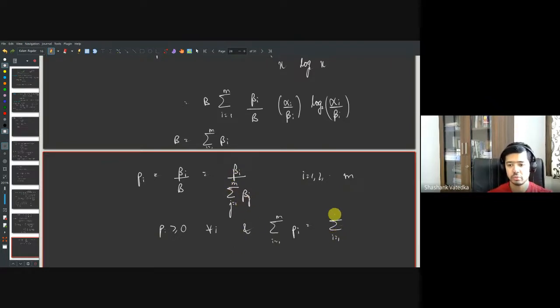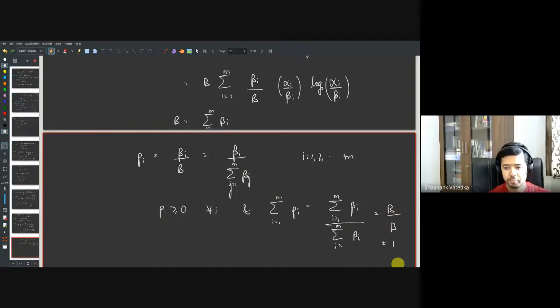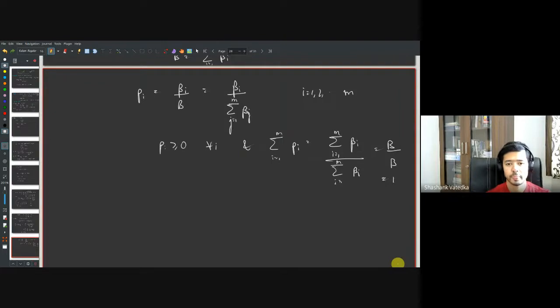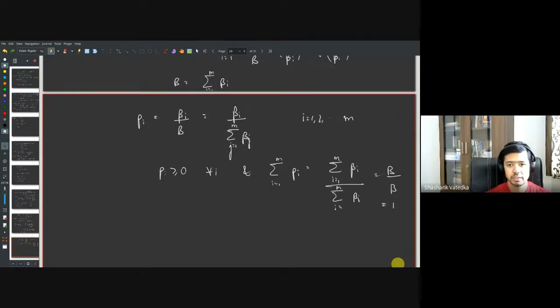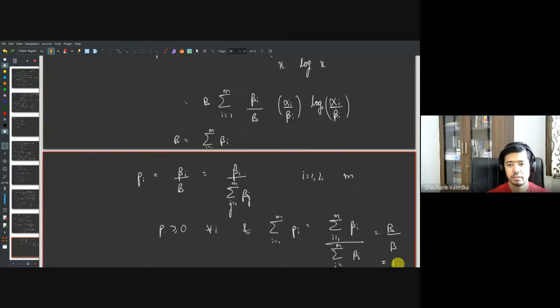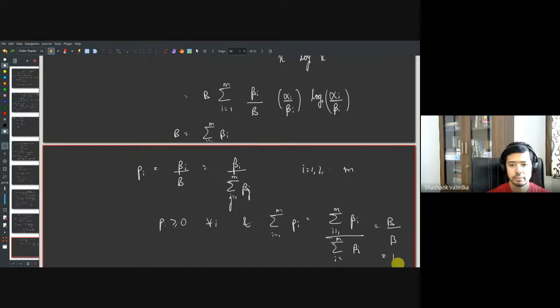So this is summation over I of beta I divided by summation j equal to 1 to m of beta j, which is B by B, equal to 1. So the Pi's form a valid probability.